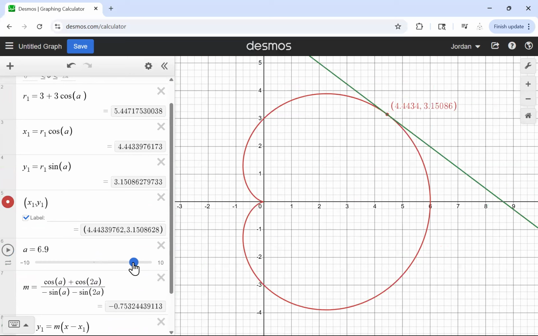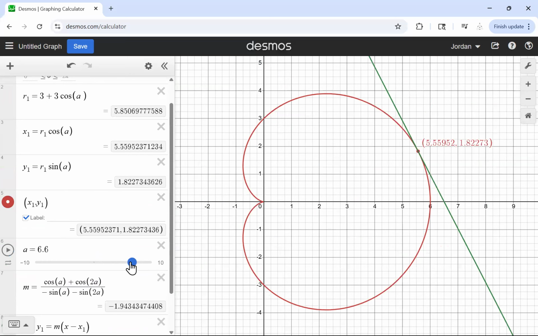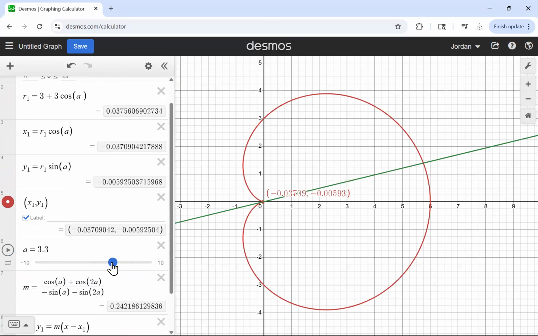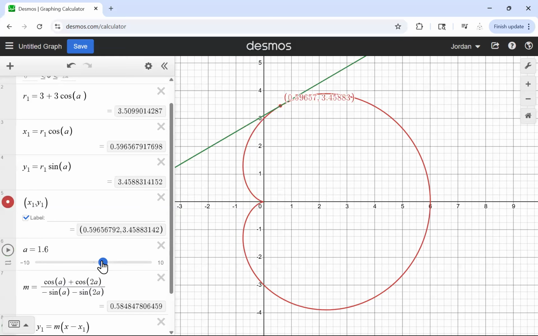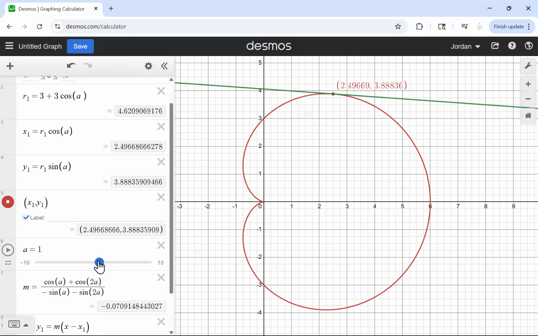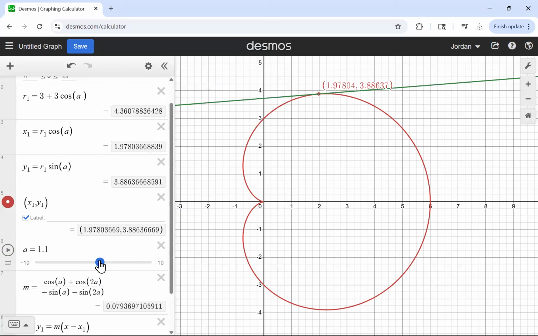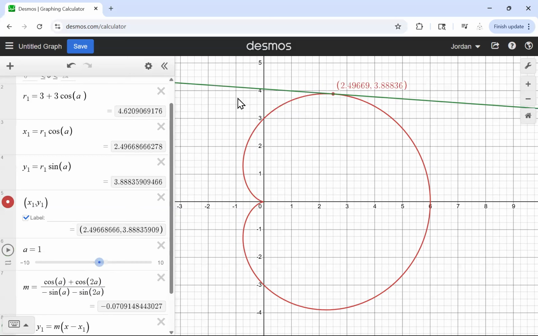There we are. So you can see the tangent line move around, and you could figure out where we got horizontal tangent lines, where that's flat. Again, horizontal tangent lines happen when we have dy/dx equal to 0, so when the numerator is 0 and the denominator is not.